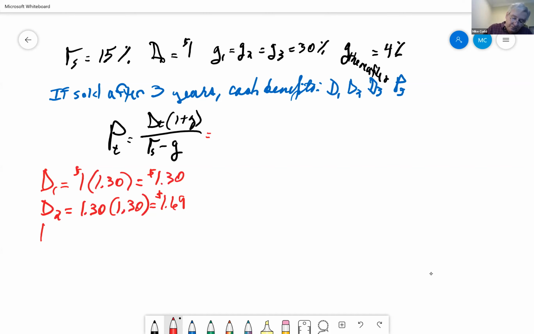Then the third dividend, again growing by 30%, would be, and I'm carrying it out a little bit, 2.197.